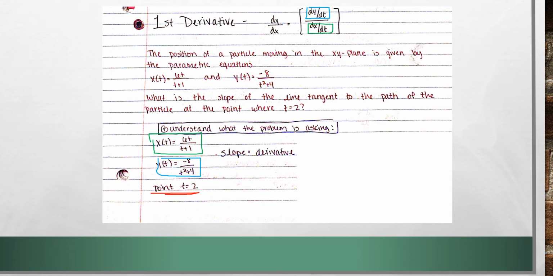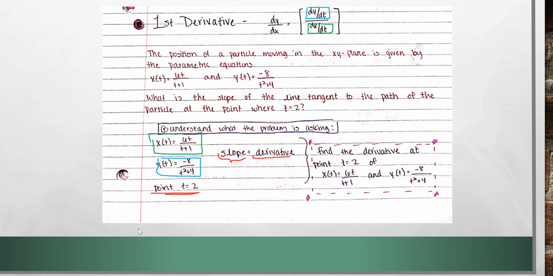Since the problem is asking for the slope of the line tangent to the path of the curve, we know that we're going to be taking the derivative. So we can understand this problem to mean that it wants us to find the derivative at the point t equals 2 of x of t equals 6t divided by t plus 1 and y of t equals -8 divided by t squared plus 4.